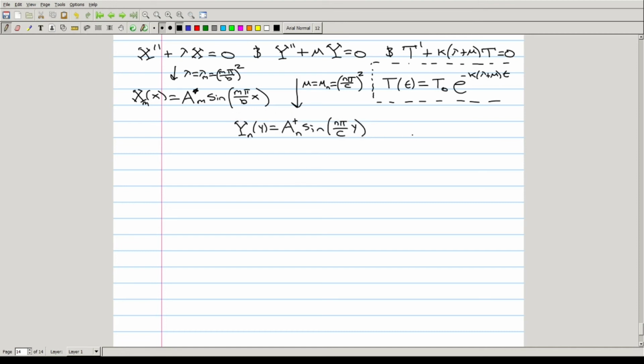This means that T in general will be a function of t and it will be indexed by m and n.